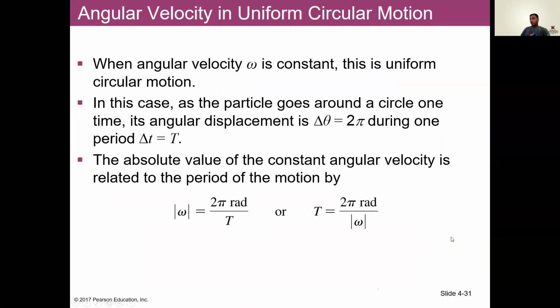Also, when angular velocity is constant, this is uniform circular motion, we have talked about it. When delta theta is 2 pi, if this is your center, this is the radius, and you start from here and go all the way and come back, you have made one complete revolution.